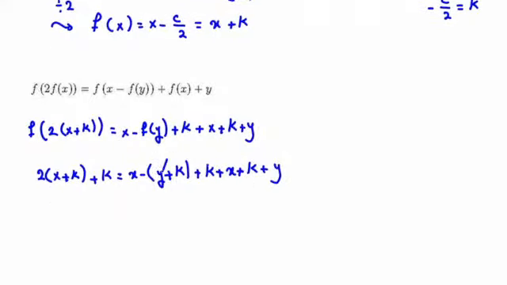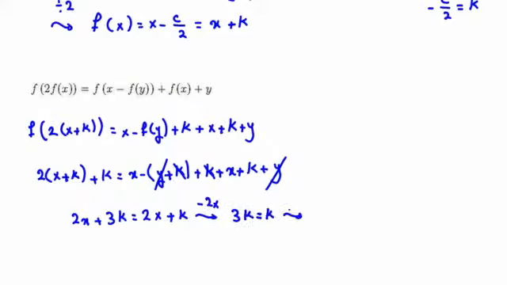And let's see how we can simplify. Negative y, we can cancel. The left side is 2x plus 2k plus k, plus 3k. X plus x, 2x. Negative k you can cancel with k plus k. So if we subtract 2x, then 3k equals k. If we subtract k, 2k equals 0, and then k equals 0.